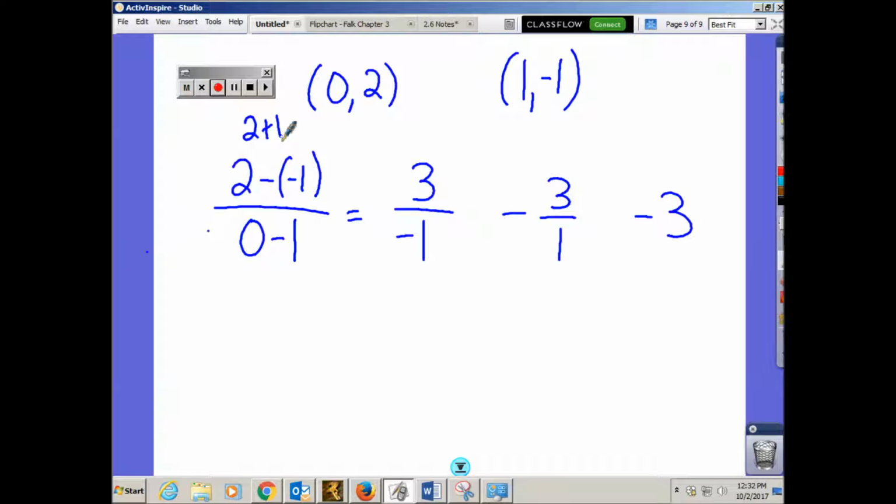So what I wanted you to do next, and this is where it gets confusing, now that you have the slope, I wanted you to write 2 different equations. So point slope equation number 1 is using this.